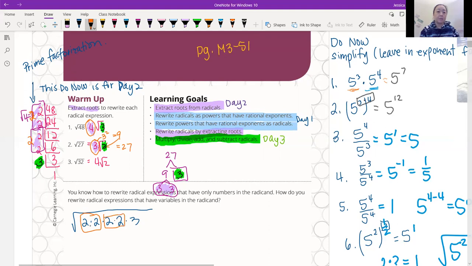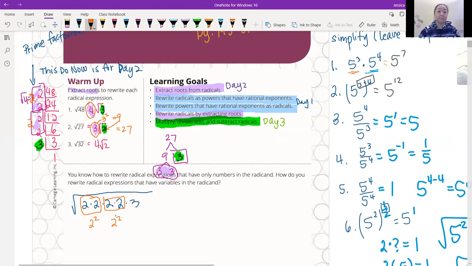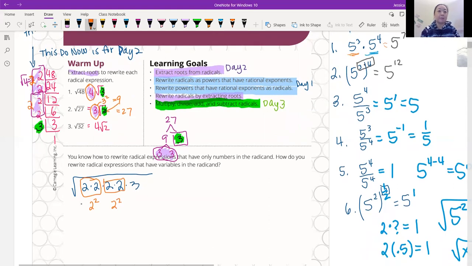So here it goes. This is 2 squared, this is 2 squared, and this is also 2 squared. And what do we get if we take the square root of 2 squared? 2, right? So we're going to be square rooting those, because remember, those are under the square root. And what do we have left? 2 times 2 is 4, and that's how we got the 4.